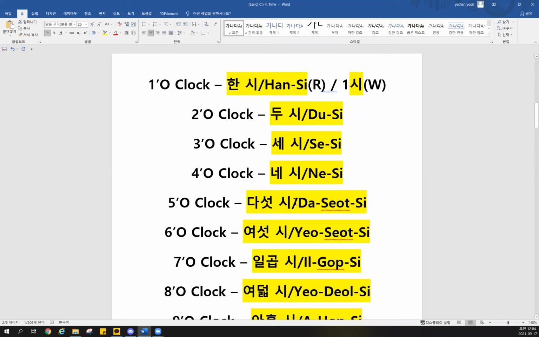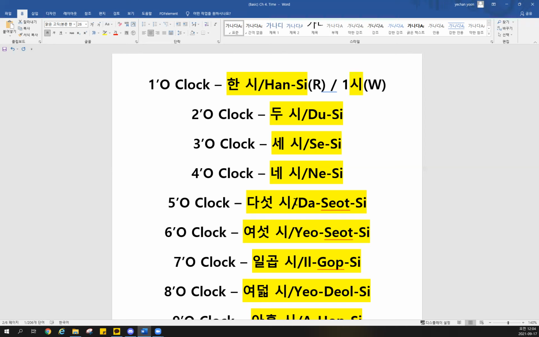We need to use the changing form. 1시. Then 2 o'clock is gonna be 2시. 3 o'clock 3시. 4 o'clock 4시.